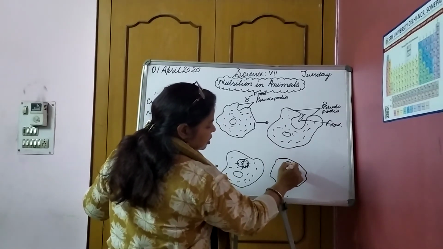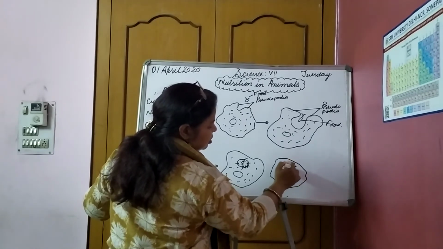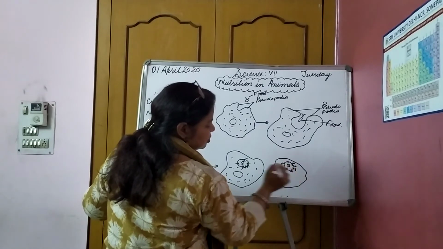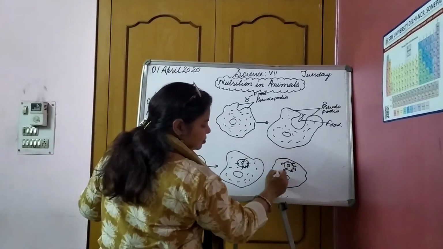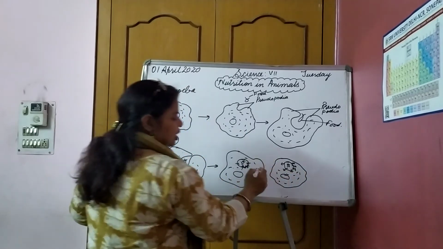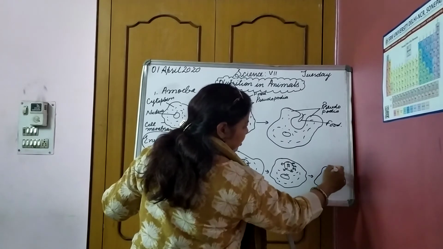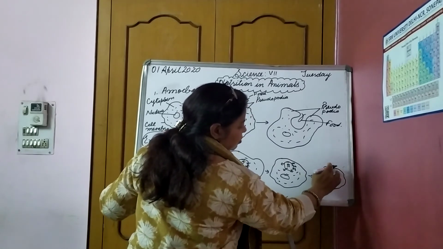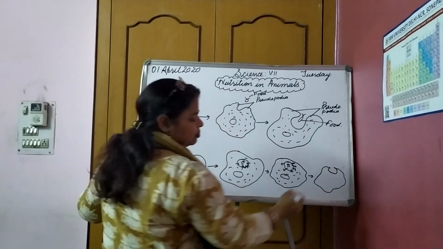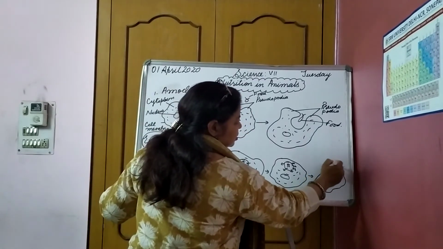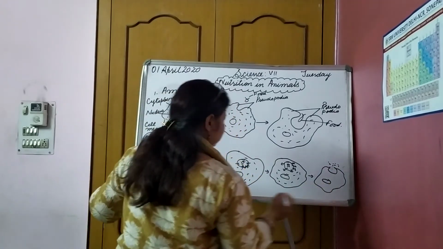The nutrients are being sent into the body of the organism, and the last one is assimilation, and whatever was the waste comes to the periphery and bursts open and is excreted out, or egestion.